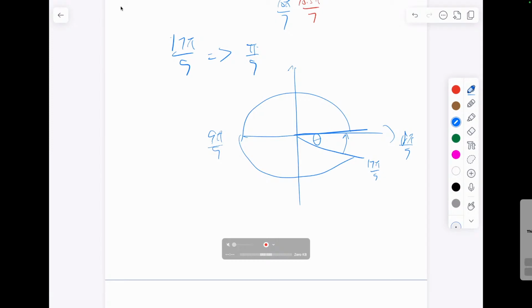So let's just say today we're gonna talk about SOHCAHTOA, which we already know. Sine theta is equal to opposite over hypotenuse, and cosine theta is equal to adjacent over hypotenuse. We already know that tangent theta is equal to opposite over adjacent.